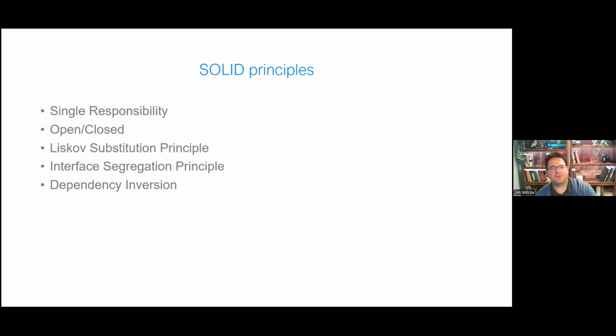Same thing with the interface segregation principle, the idea that you can create an interface that doesn't by itself have any particular functionality. And dependency inversion is the idea that you sort of hand off control more or less of your execution to a dependency that you don't necessarily need to know exactly what it is, but it knows what it needs to do based on the contract of your processes and that sort of thing.